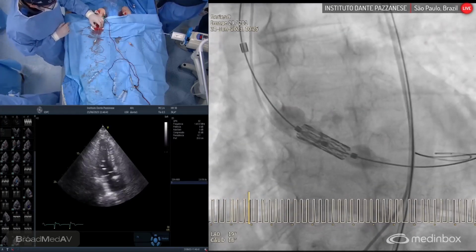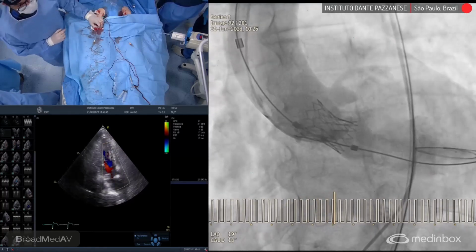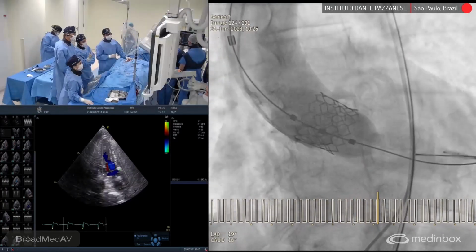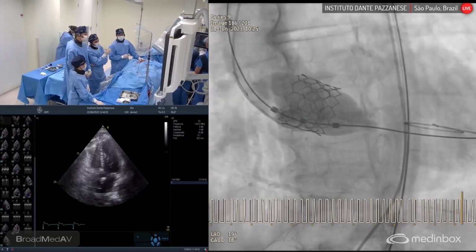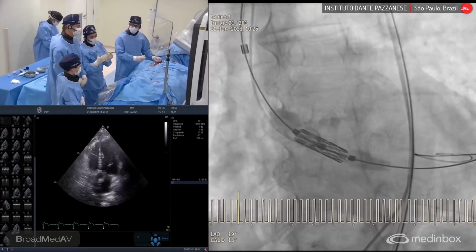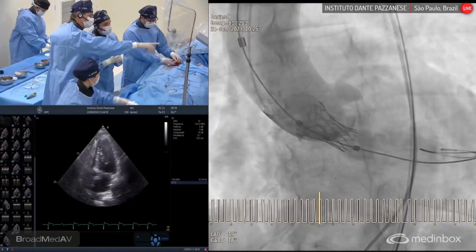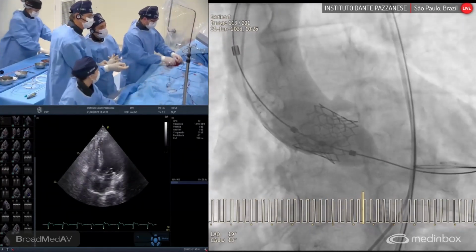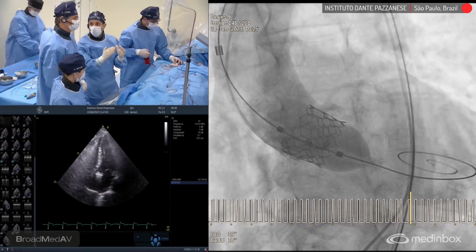So Fausto, can you bring the camera to the operators now, please? In bicuspid, we tend to implant the valve a little bit higher because the bicuspid has a different configuration. It's important you explain that to people in terms of leaflet coaptation, it's like a volcano.